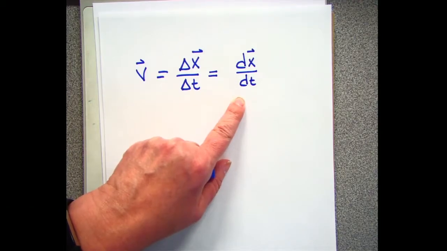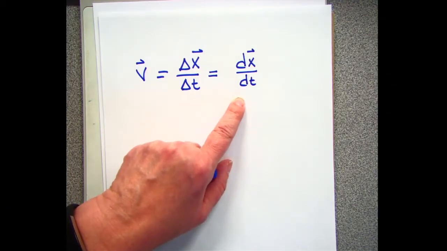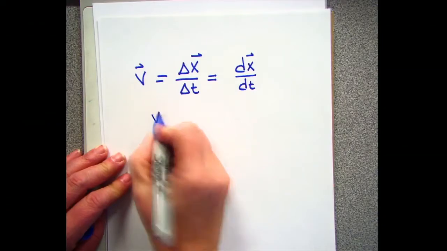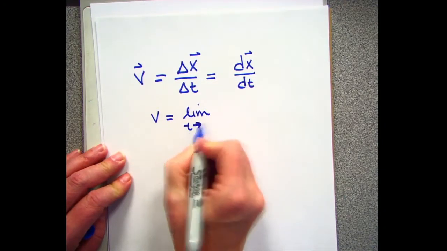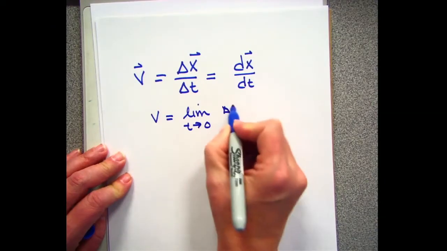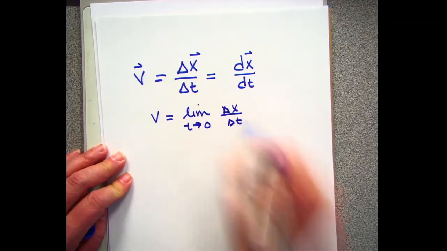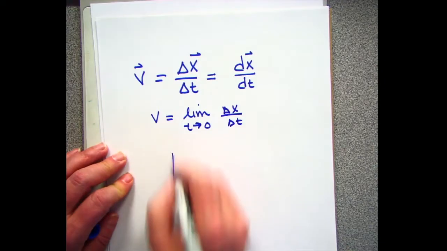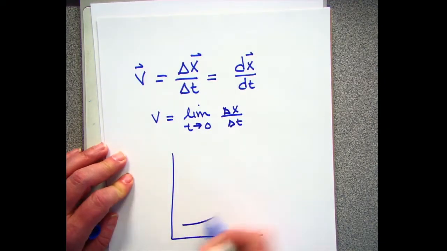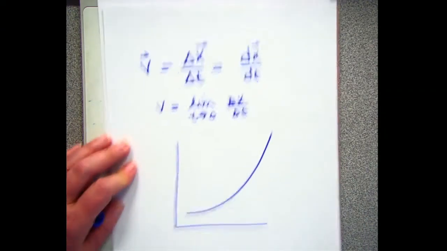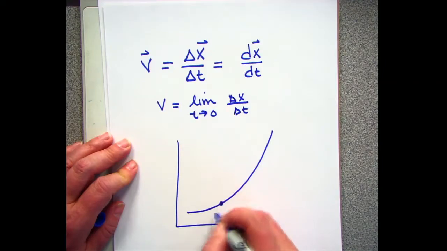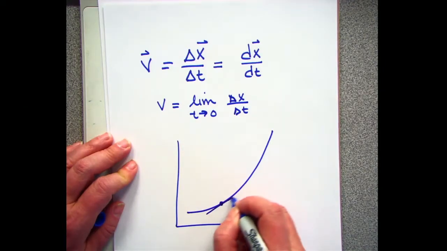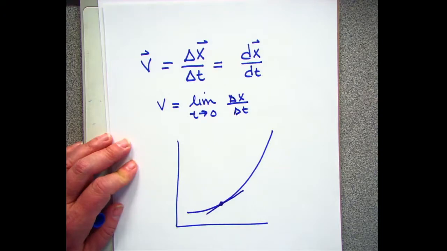My instantaneous velocity is going to be the limit as time approaches 0 of that change in x over that change in time. So if I have a position versus time graph that's not a constant straight line, we can find that instantaneous velocity by looking at the slope of my curve at any given point.